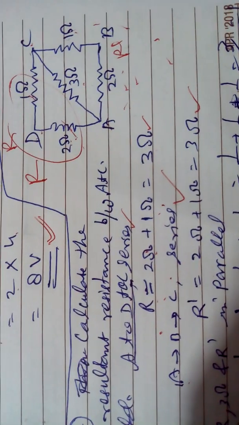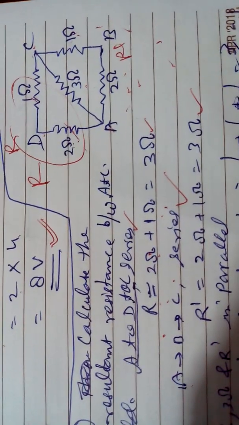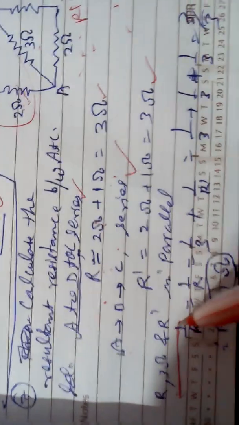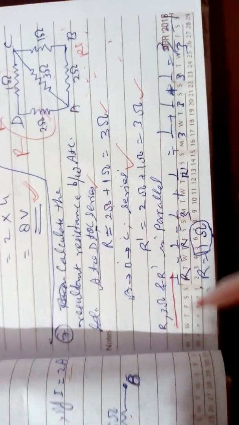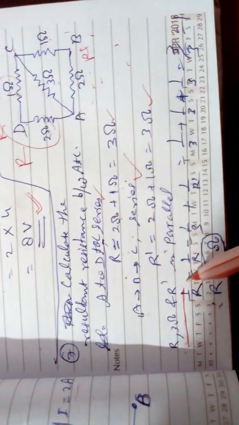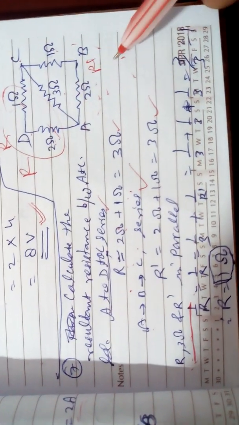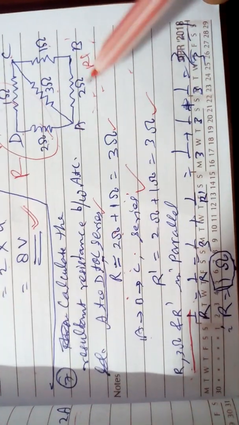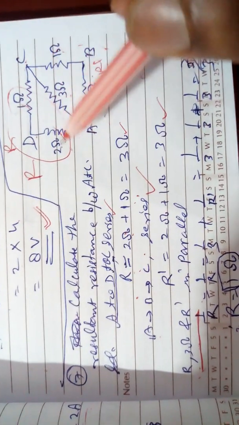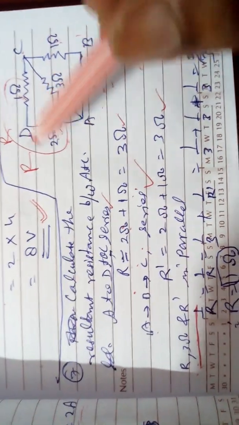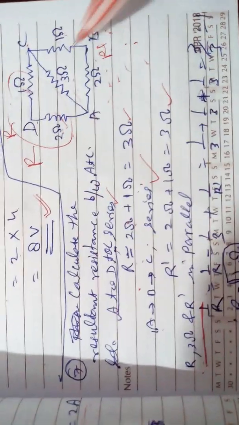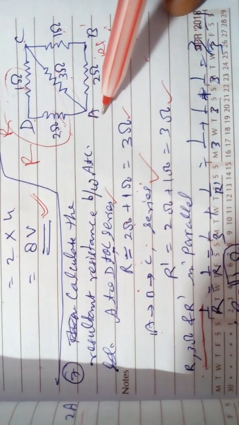So R dash, R and 3 ohm are in parallel. R dash is the resultant of these two, R is the resultant of these two, and 3 is this. So R, 3 ohm and R dash are in parallel, because all are joined at one point on one side.